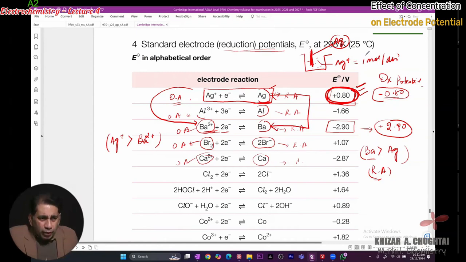But if I reduce this concentration, let's suppose I make it half, most of the silver compounds are not very soluble in water.